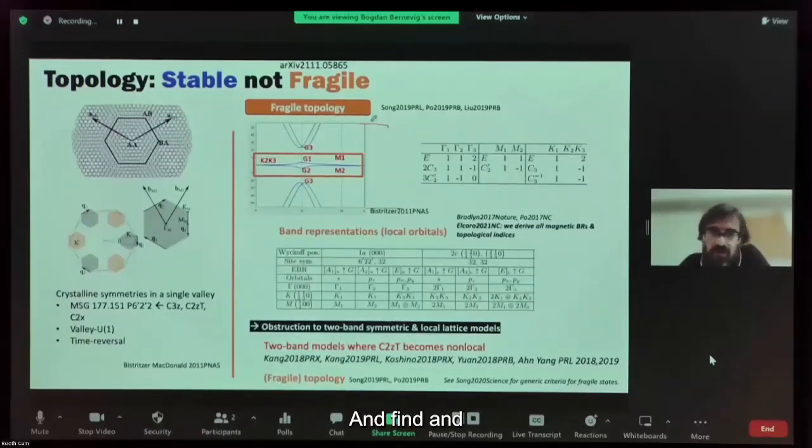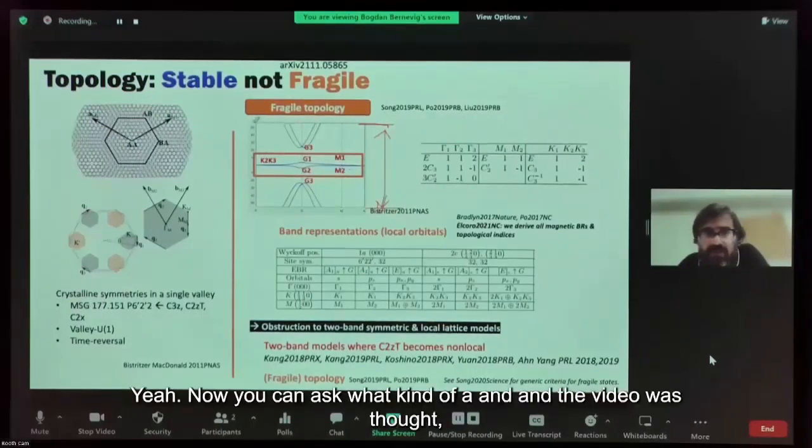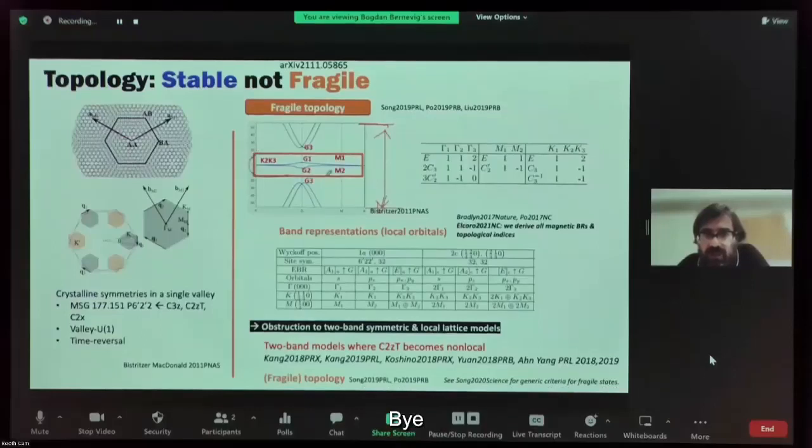It's called a continuum model. There are also other people who claim to build such models. These are the representations of the flat bands, a snapshot within 50 to minus 15 electron volts, and they are fixed by symmetries. They're topological.